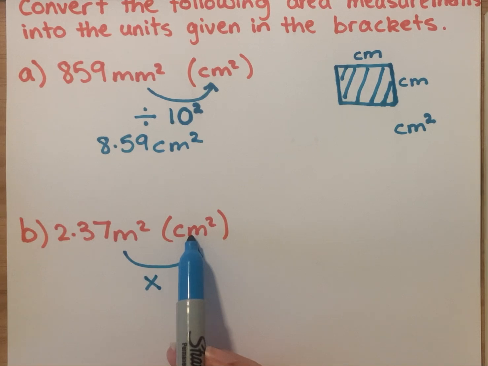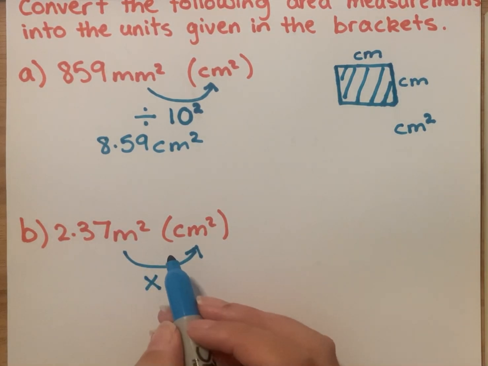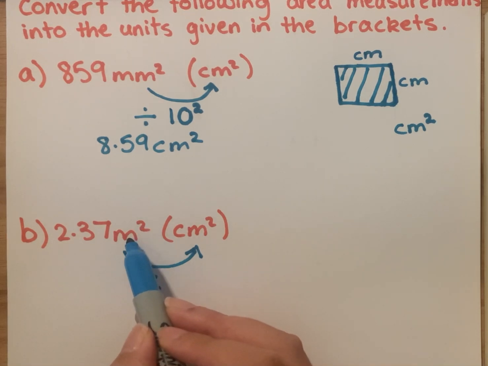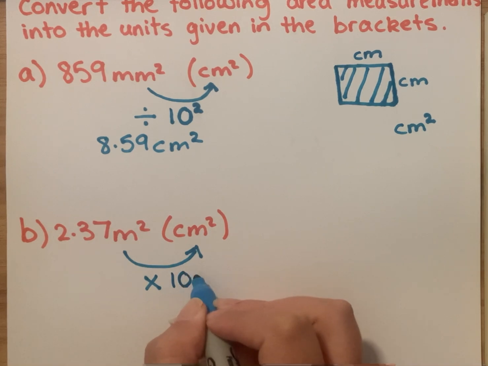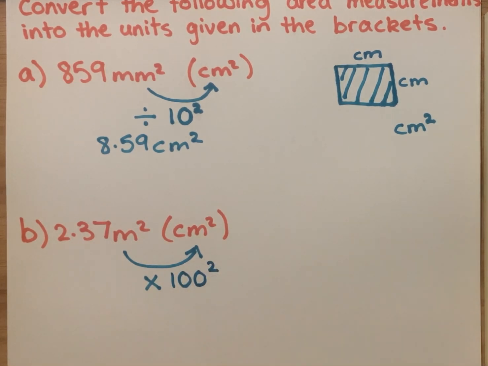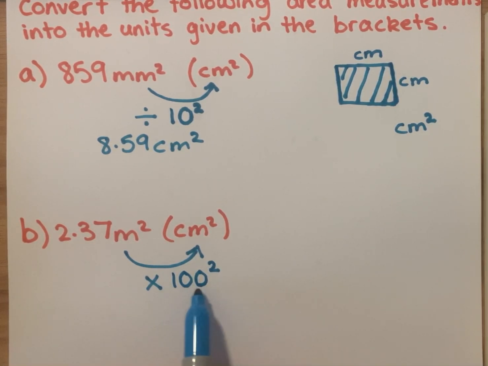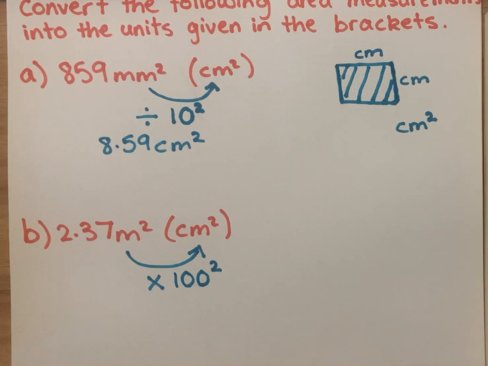So how many centimeters are there in a meter? 100. So because we're going from square meters to square centimeters, we multiply by 100 squared because area is length squared. So our conversion is going to be the same conversion as we use for length, but squared.